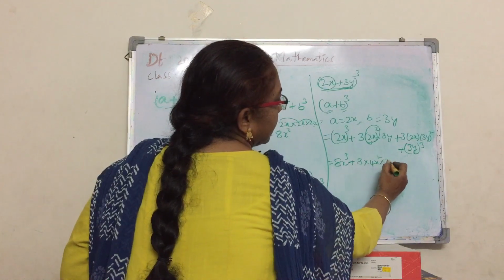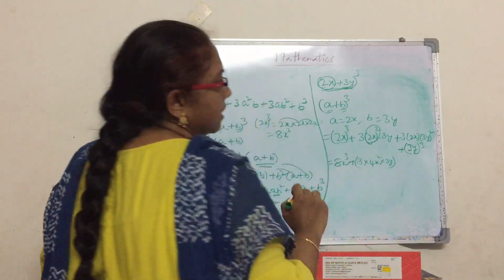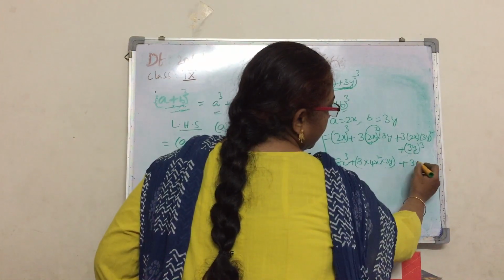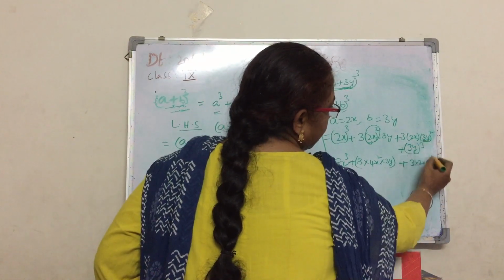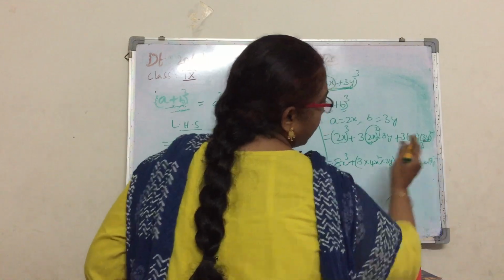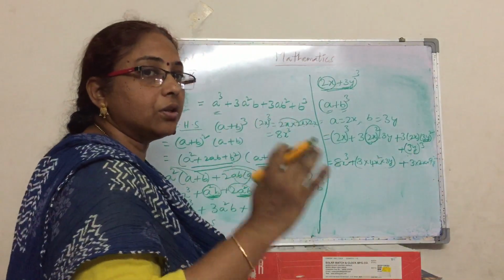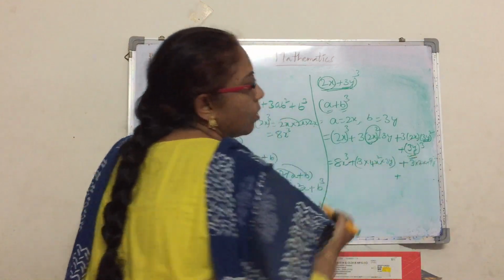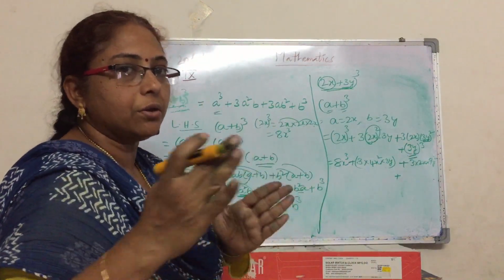Okay, into 3y. So this is 3a square b value plus here 3 into 2x into this is 3y whole square is nothing but 9y square. 3y whole square is nothing but 3y into 3y. It is 9y square.